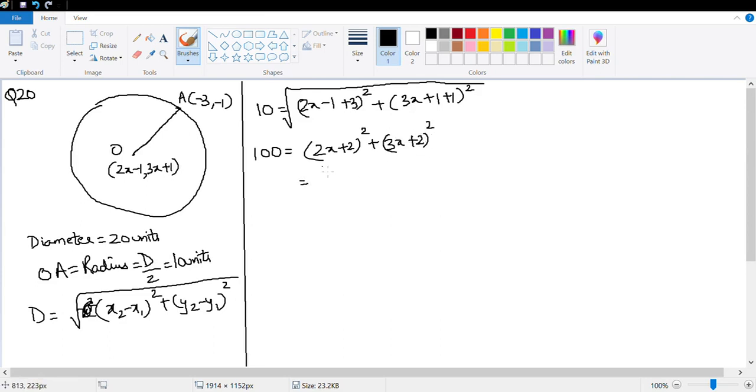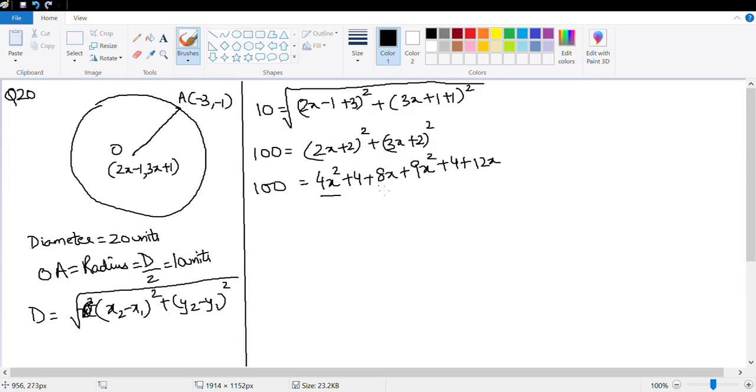Let's open this bracket. This will be 4x square plus 4 plus 2 into 2, 4 into 2, 8x plus 3x whole square, that's 9x square plus 4 plus 3 into 2, 6 plus into 2, 12x, that's equal to 100. Let's add them up.